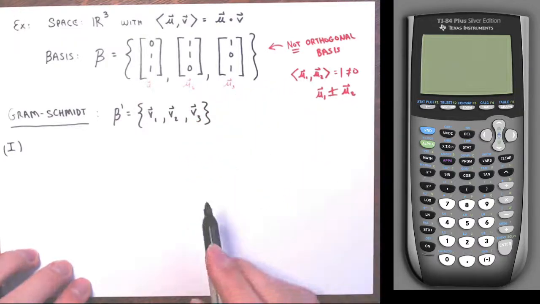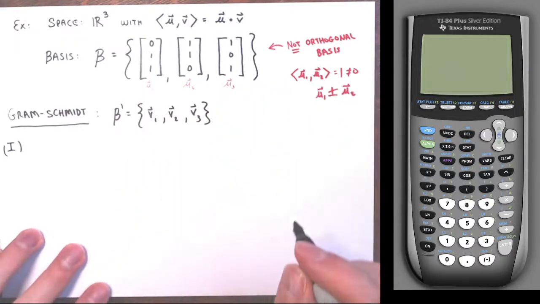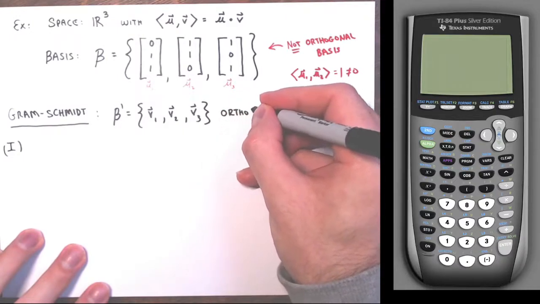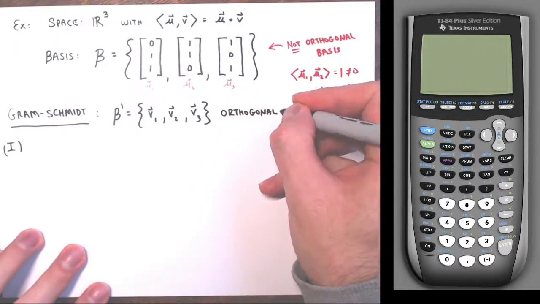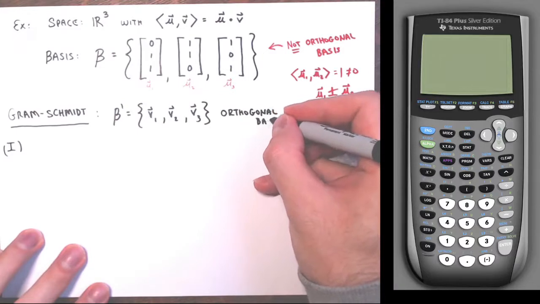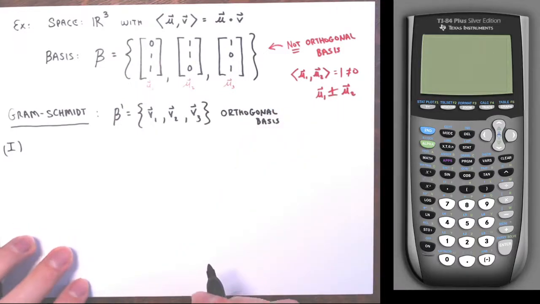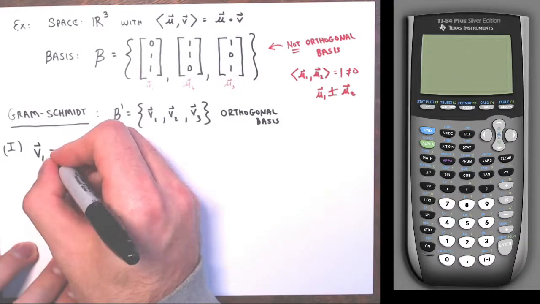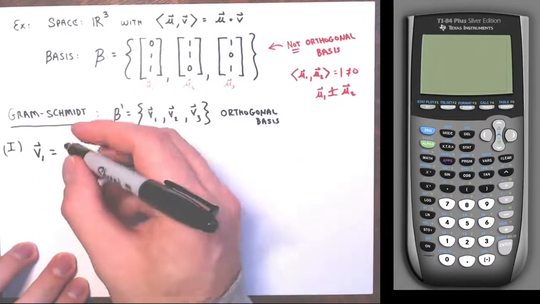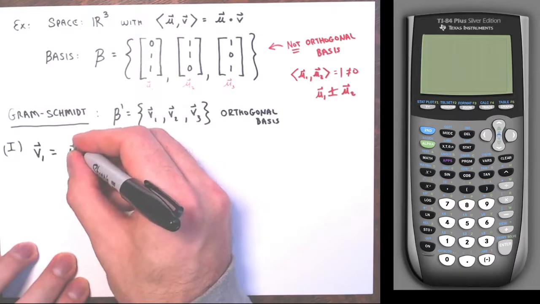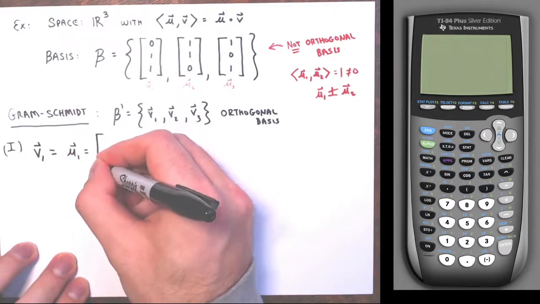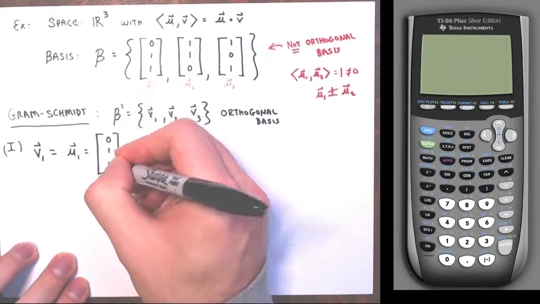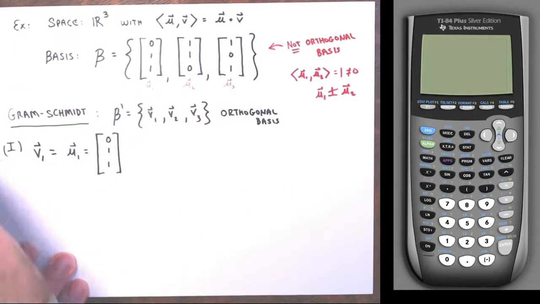I want this to be an orthogonal basis for R3. All right, so first one's easy. I'm going to let V1 be U1, the first vector in the original basis. So V1 is simply the vector (0, 1, 1).